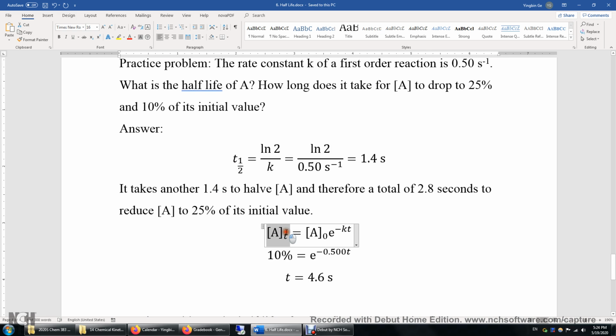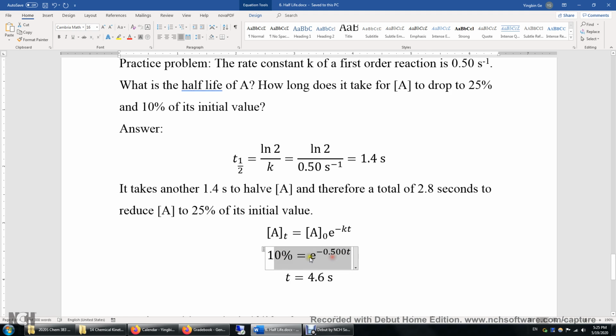The concentration of A is equal to A naught times this exponential function. So when does A become only 10% of A naught? Just plug in 10% of A naught here, and then A naught and A naught cancel. You have only 10% left on the left-hand side. On the right-hand side, it's e to the power negative kt.